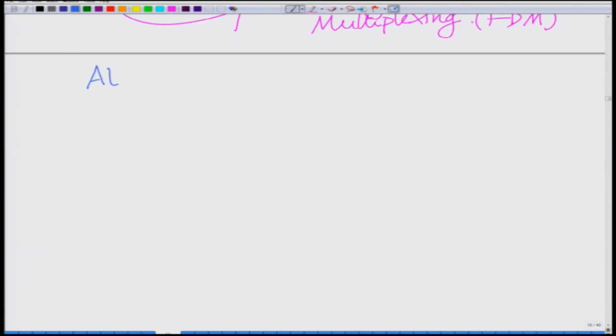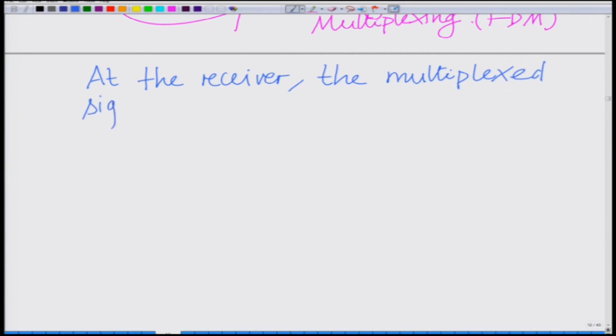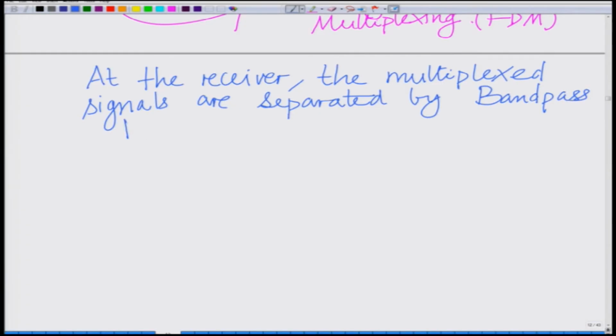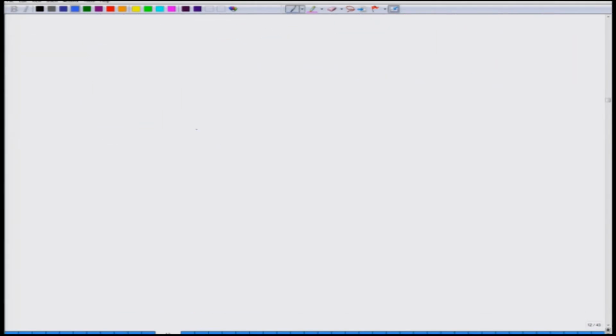So, at the receiver the multiplexed signals are separated by band pass filters, correct. So, what are we doing?